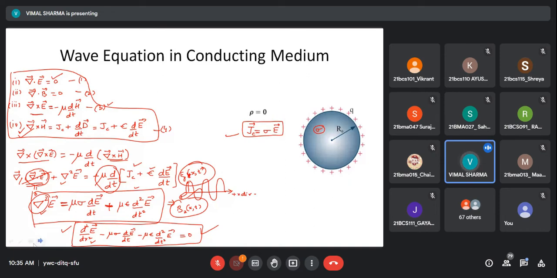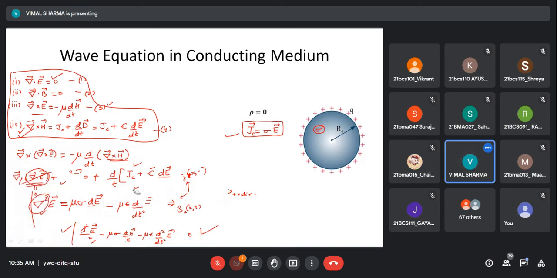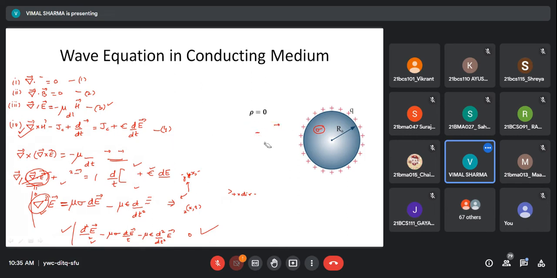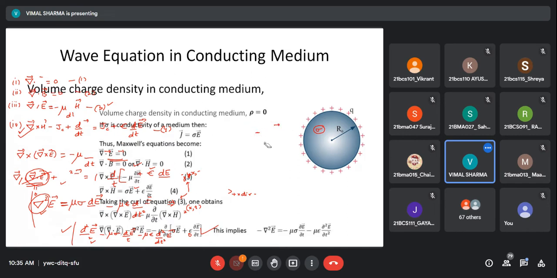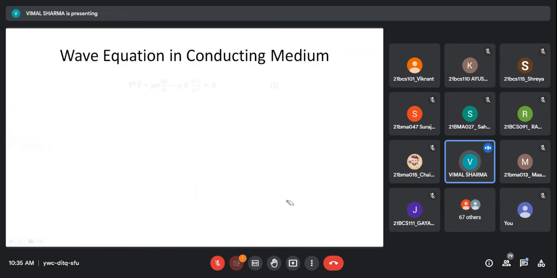So let us see what we have. We can directly write that. This is our wave equation for the E component of the electromagnetic wave, and similar wave equation you can see here. Similarly, we take curl of equation number 4 and write the wave equation for the H component.